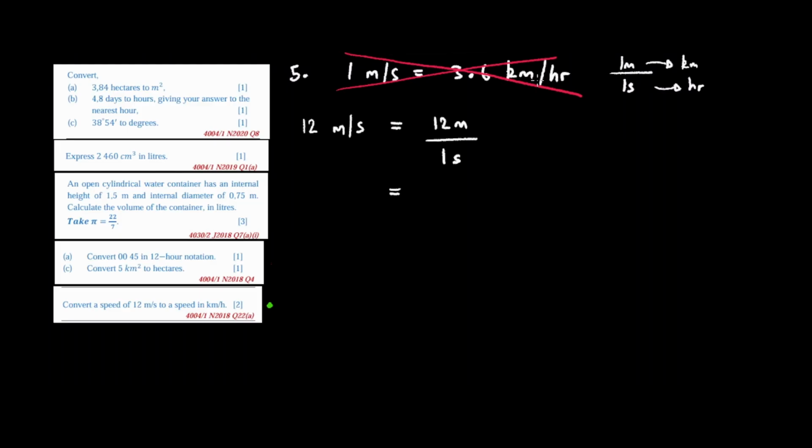Okay, tenge takuti mogona kuti consider, ndofarira consider, handiti 12 meters. We want to convert 12 meters to kilometers. So how do we convert 12 meters to kilometers?